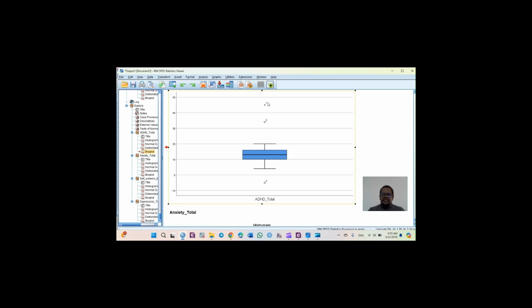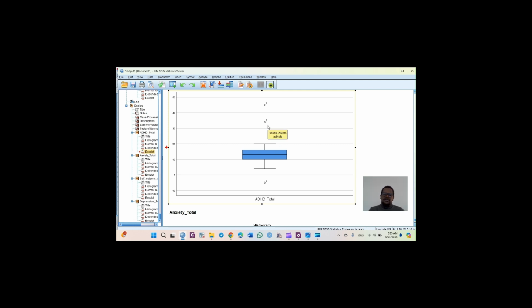These cases, ID numbers 1, 2, 3, show that something is wrong with the dataset. It might be with data entry. So if we have access to the questionnaire, we have to go back and check the questionnaires.